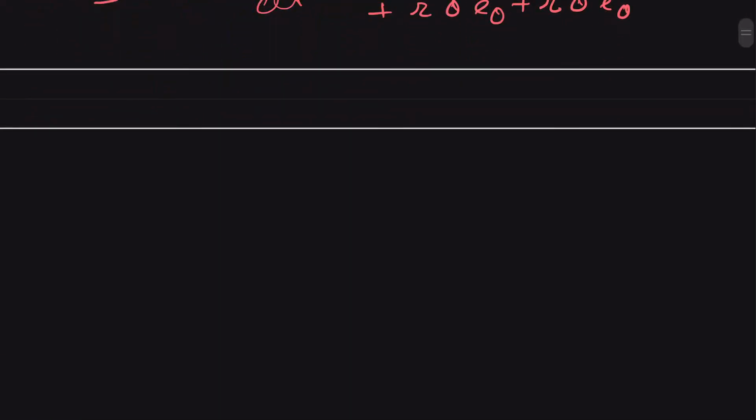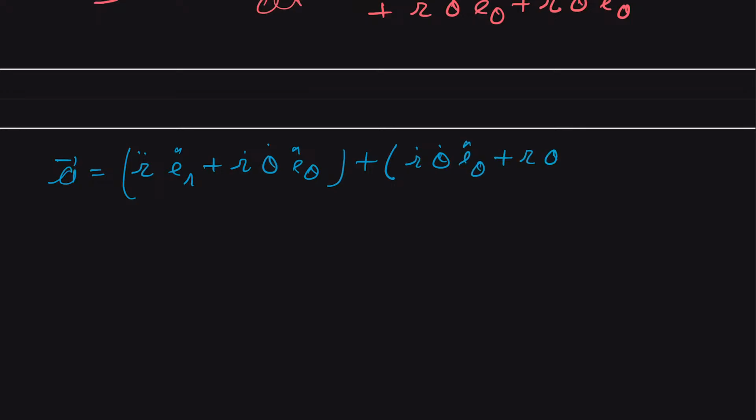Therefore, from here we get that our acceleration will be equal to r double derivative e_r plus r single derivative theta single derivative e_theta, plus r single derivative theta single derivative e_theta, plus r theta double derivative e_theta, and plus r theta single derivative multiplied by minus theta single derivative e_r.